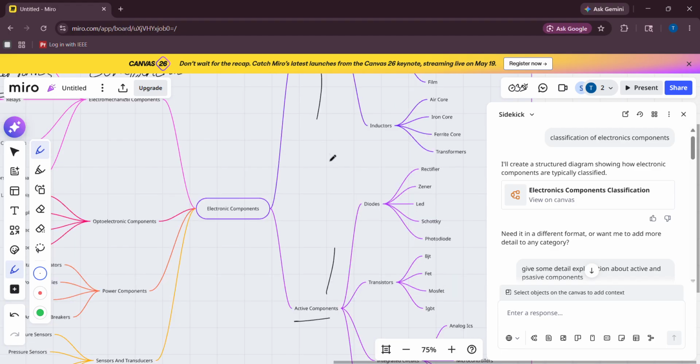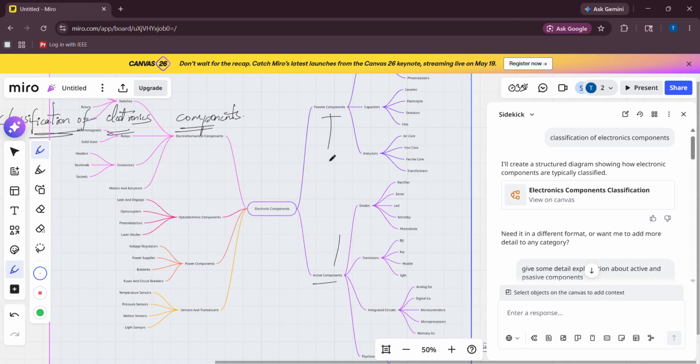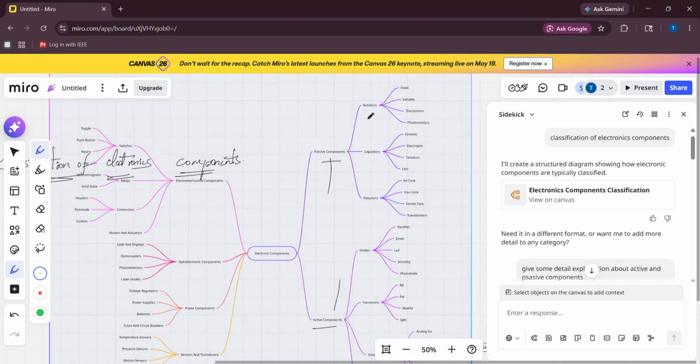In passive components, observe what the things are here: resistor. There is some classification in the electronic components, there are some different types. Passive components, active components. After this classification, I will explain the definition of passive and the definition of active. Now simply understand the different types of components which are present.